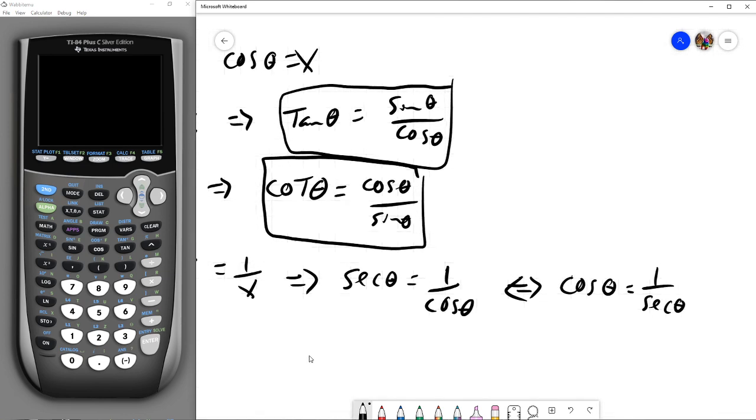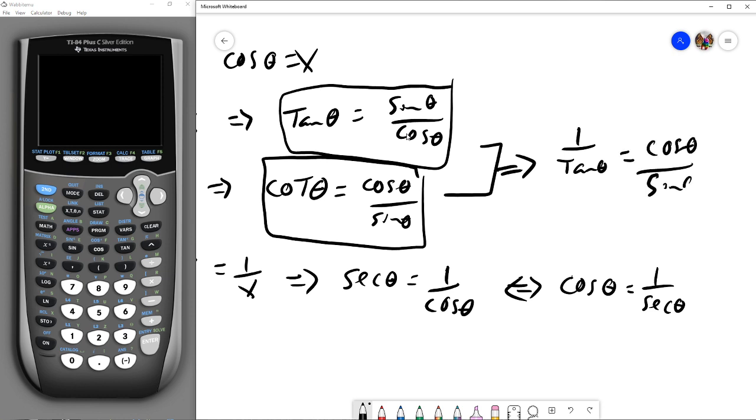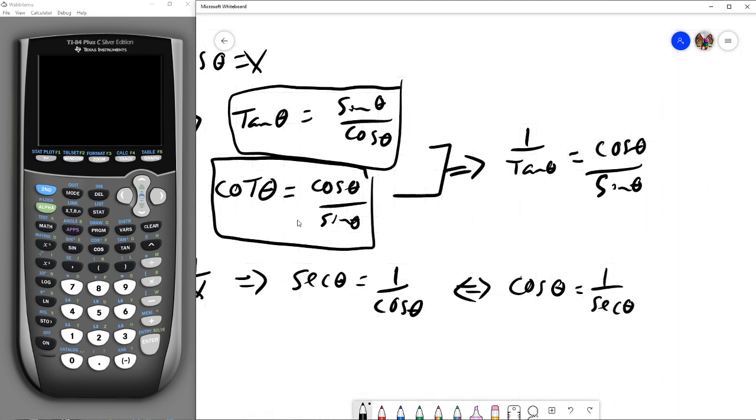And in fact, while I'm thinking about it, these two imply, if you take the reciprocal of tangent and the sine over cosine, so 1 over tangent theta is going to equal cosine theta over sine theta. Well, cosine over sine is cotangent. So this is cotangent theta.